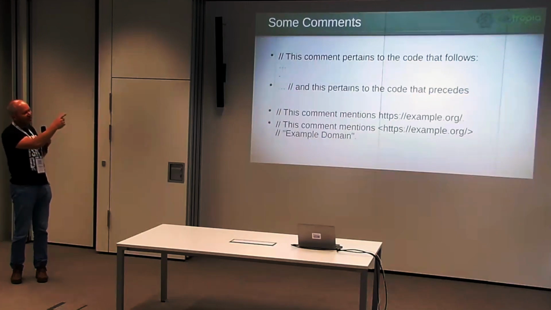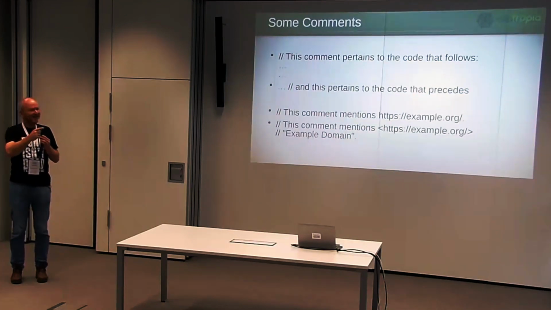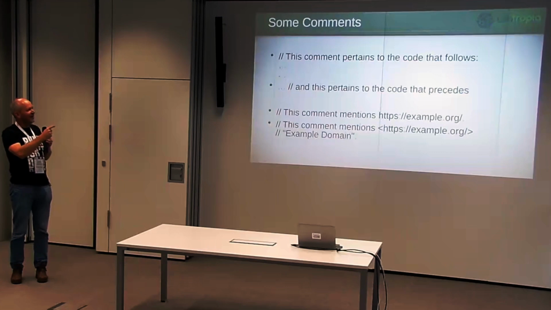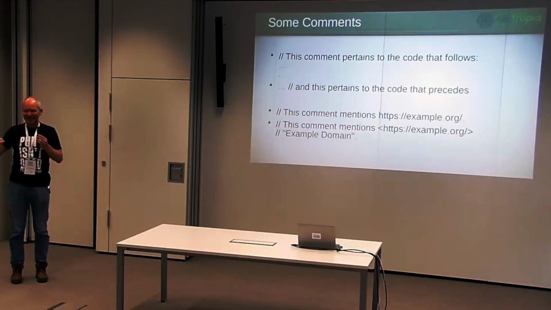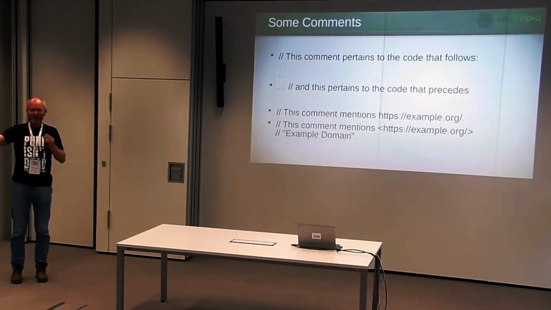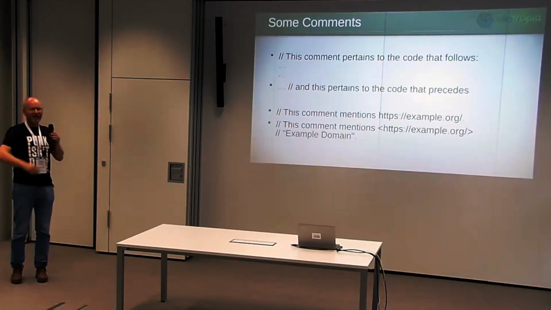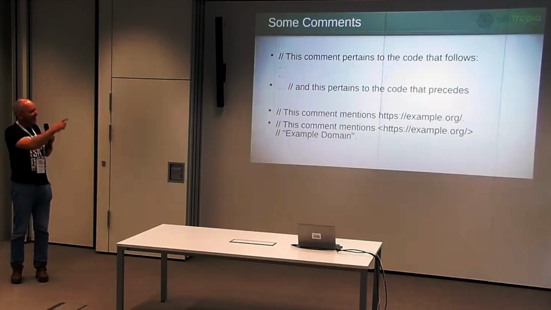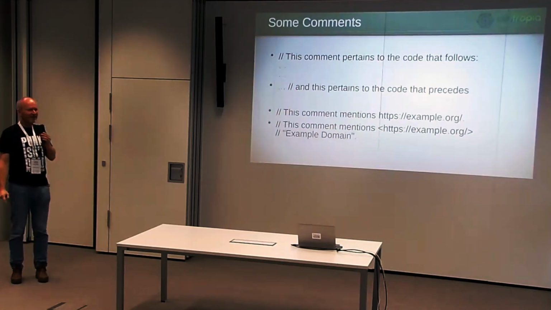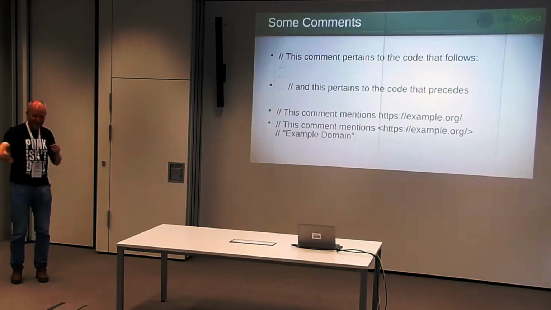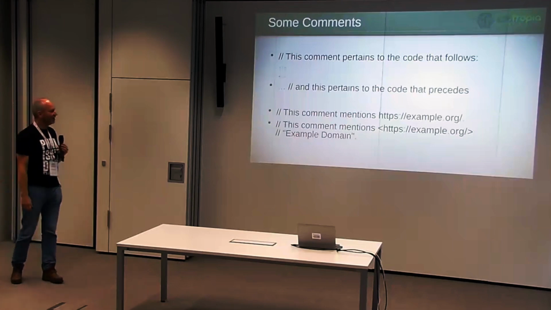If you start your comments with an uppercase, and then follow it with a colon, your way of reading that naturally makes you look at the next line. So this upper comment is definitely for the text that follows, because it's introduced with an uppercase and leading on with a colon.